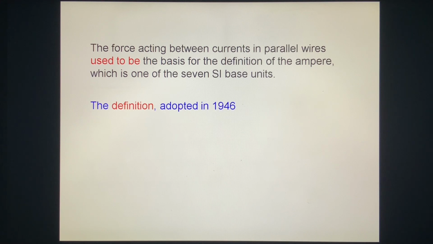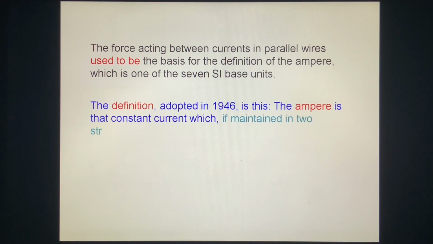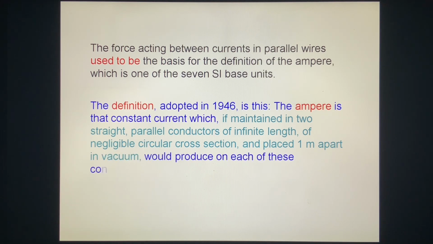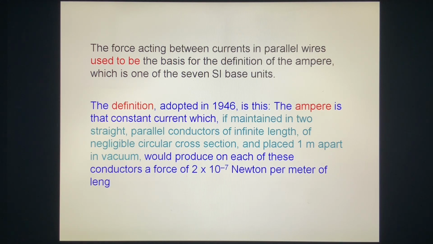The definition adopted in 1946: the ampere is that constant current which, if maintained in two straight parallel conductors of infinite length, of negligible circular cross-section, and placed 1 meter apart in vacuum, would produce on each of these conductors a force of 2 times 10 to the minus 7 newton per meter of length.